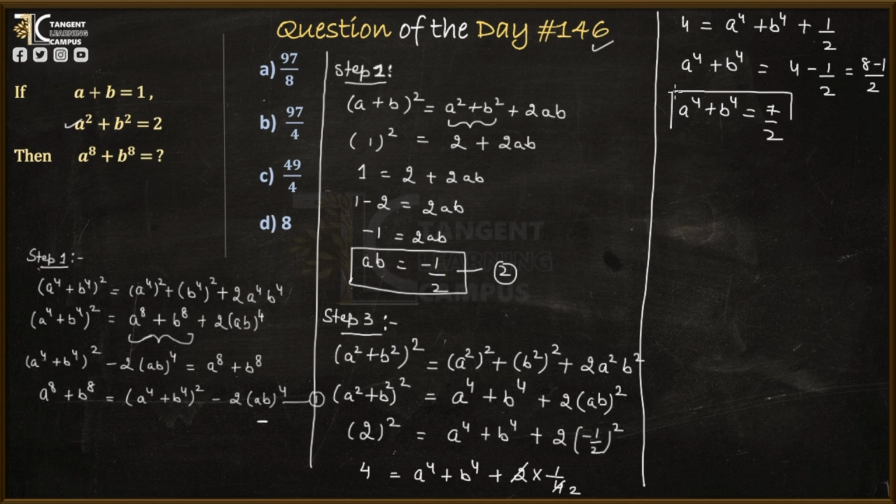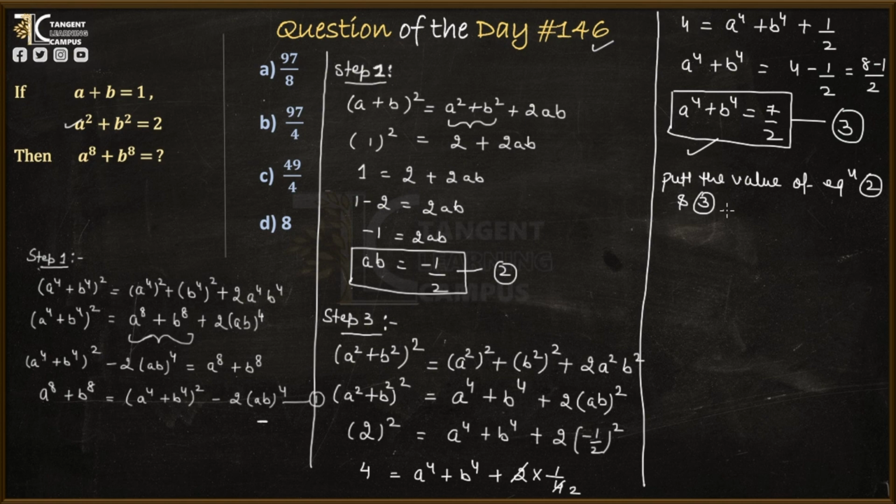Now we have all the values. So let us mark this as equation 3, and now we can put the values of AB and A⁴ + B⁴ in equation 1. So first of all, let us put the values of equations 2 and 3 in equation 1.